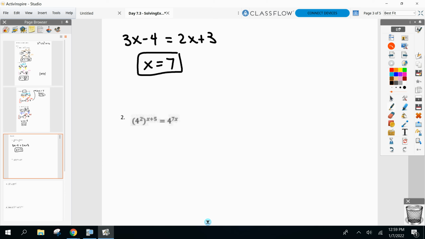Everyone's bases are equal. I'll just do 2x plus 5 equals 7x. No, that's not 2x plus 5. So now I got to dig a little deep here. When I raise an exponent to another one, anybody remember the old rule? Have an exponent raised to another one, and what do I do with the 2? Multiply them.